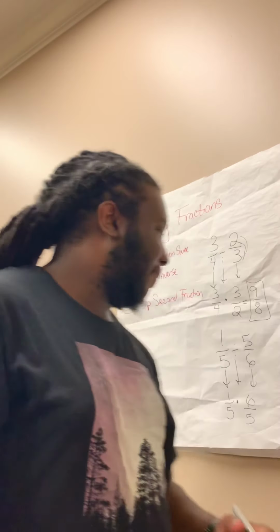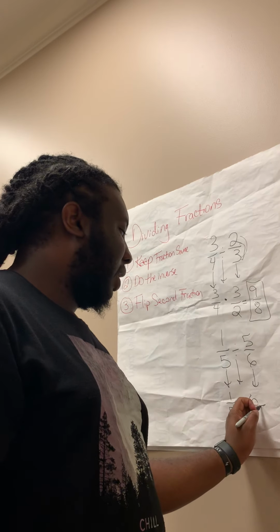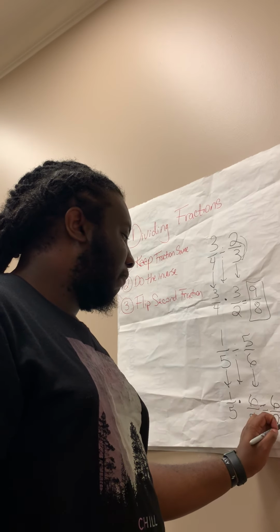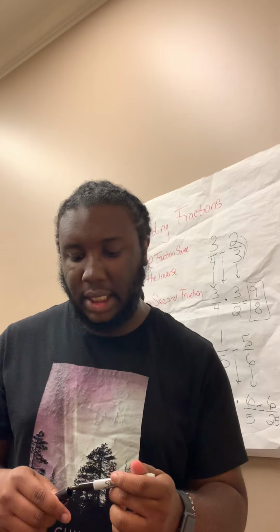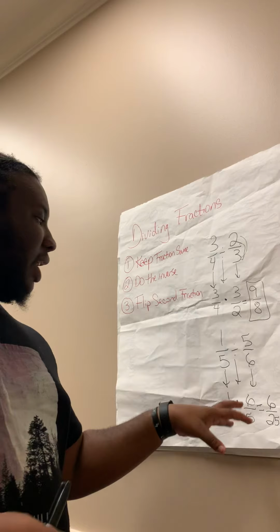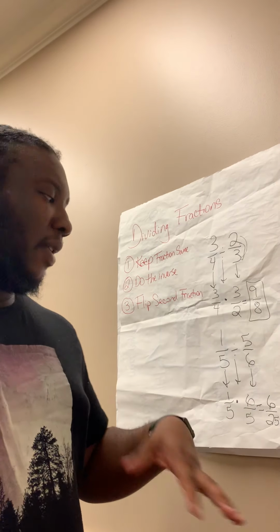Straight multiplication. 1 times 6, 6. 5 times 5, 25. Now, we always want to make sure that in fractions we get down to our lowest terms by simplifying. But in this case, 6/25, we can't break that down any lower, so our answer will be 6/25.